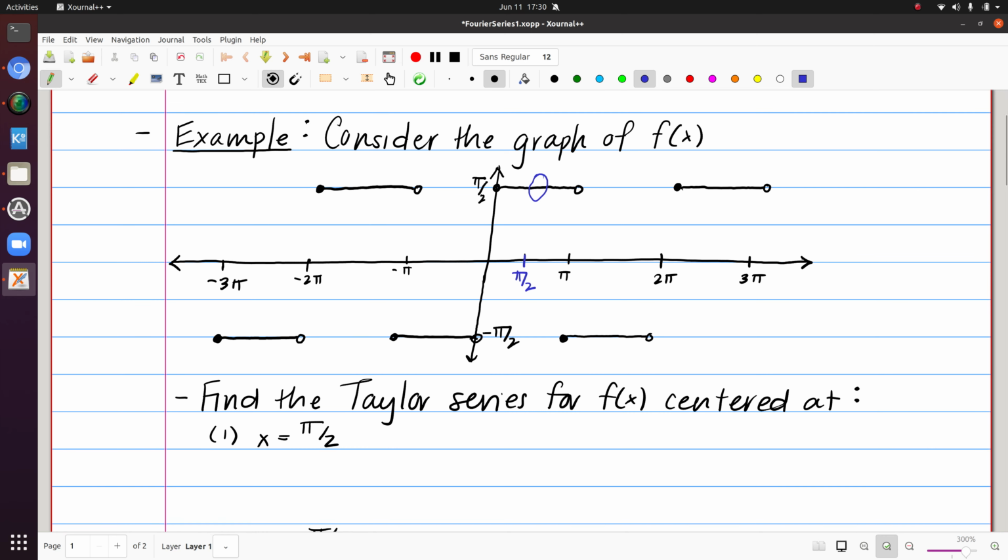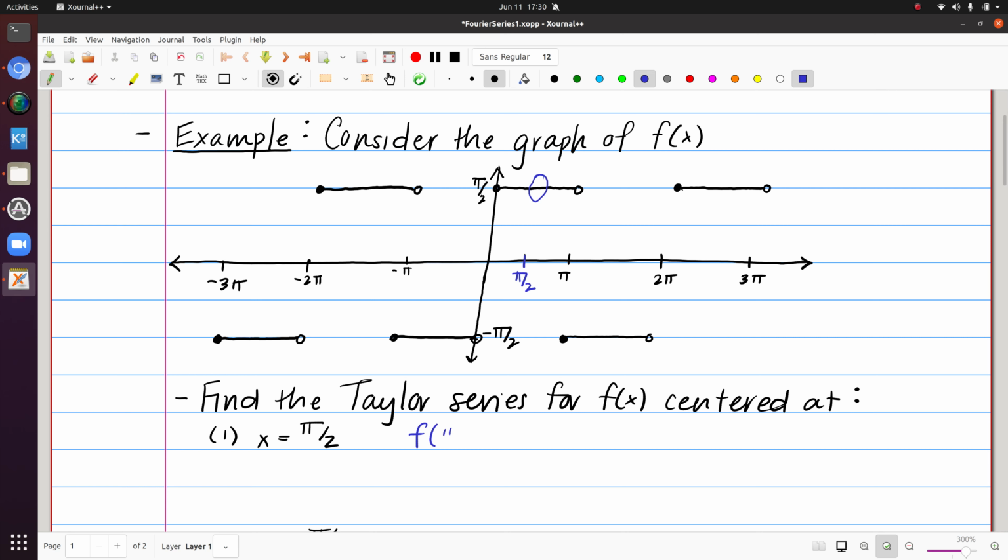In particular, if I plug in pi over 2, notice from the graph that we would get pi over 2. But for any derivative I would take of this particular function at pi over 2, I'm going to get 0 because I'm looking at a constant function on that piece of the graph.